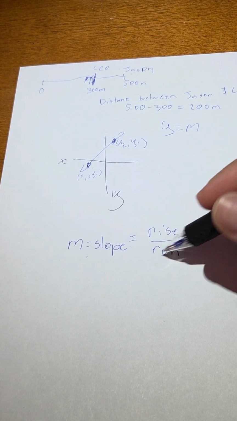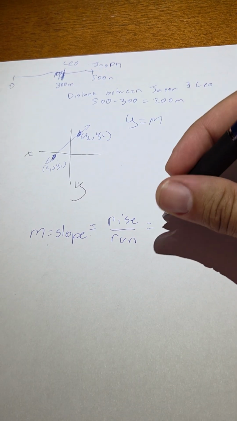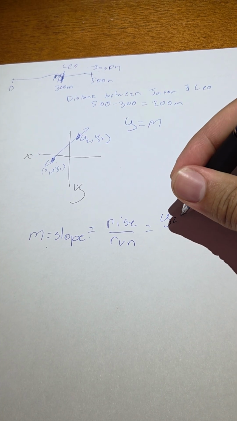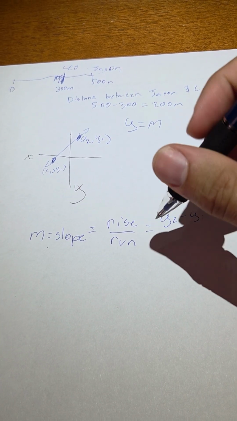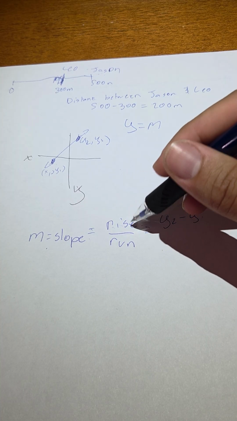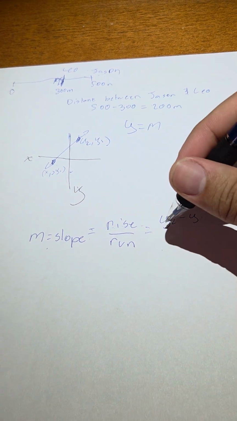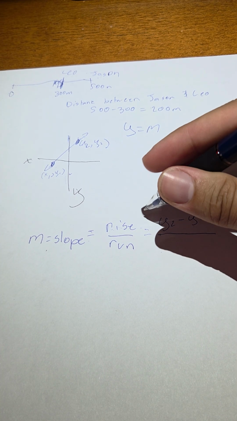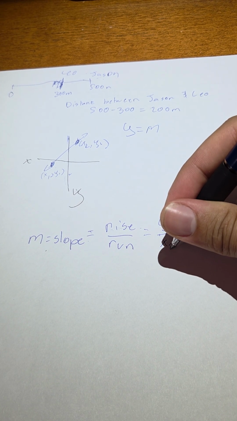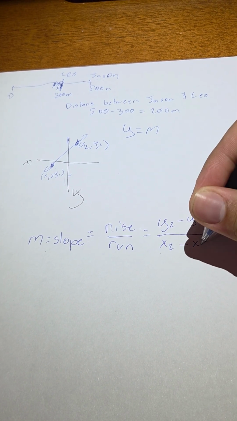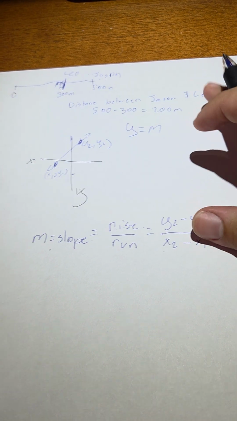So our formula for the slope is going to end up being y2 minus y1. Remember, y is in the numerator because the numerator is the rise. Y is up and down. That's the rise. And the run is our x, so we take x2 minus x1, and that ends up being our slope.